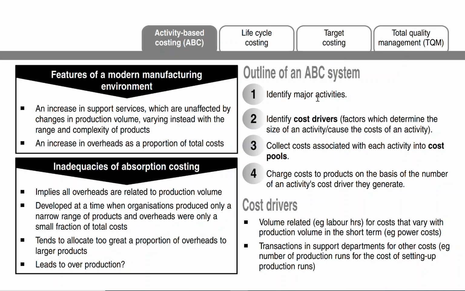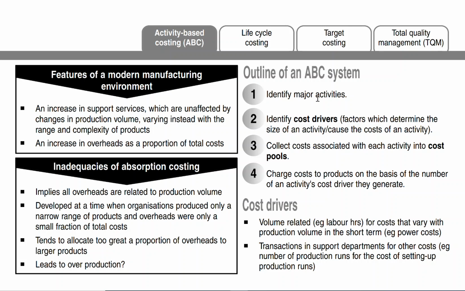The first thing we look at is we identify major activities of the organization. In absorption costing, we identify departments. Here we identify activities. Activity can be anything. There could be many activities within a department. So we are not looking at a department as one thing; we are looking at a department as many things.